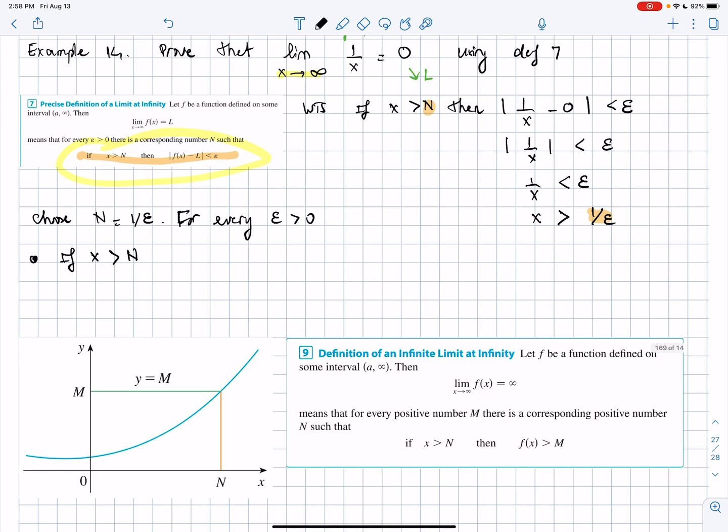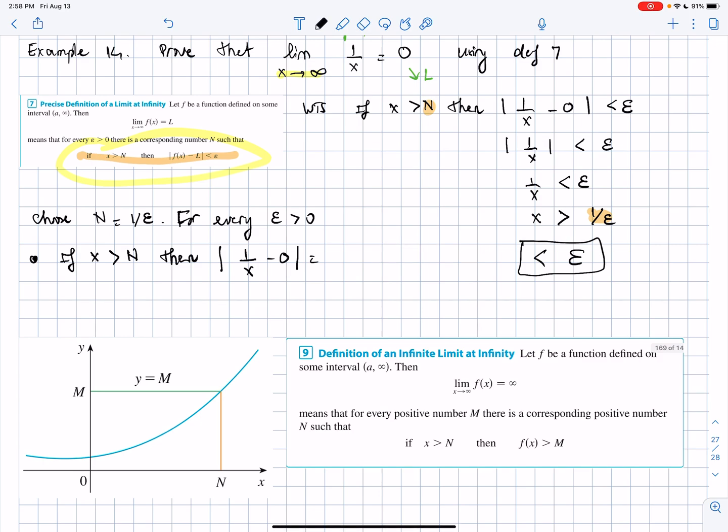If x is greater than N, then we have the function 1 over x minus 0. So what do we want at the end? We want at the end to be less than epsilon. That's what we want at the end.